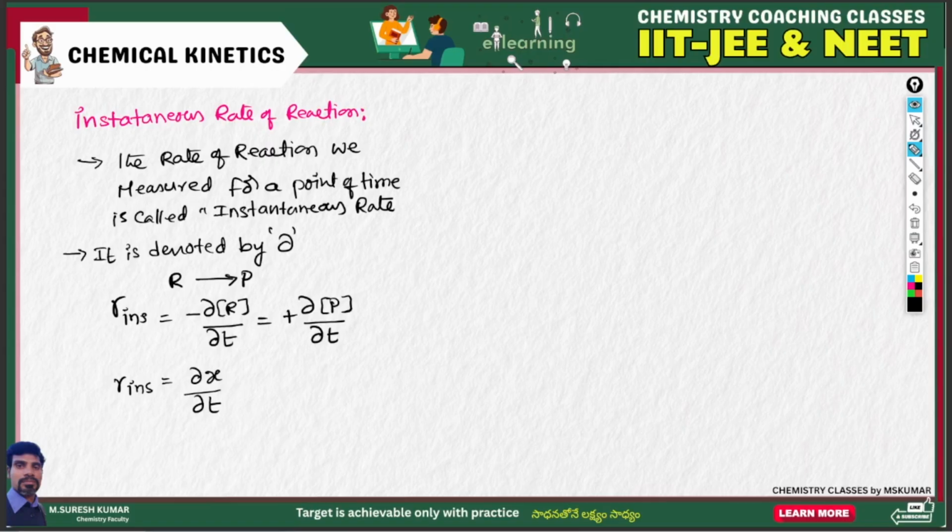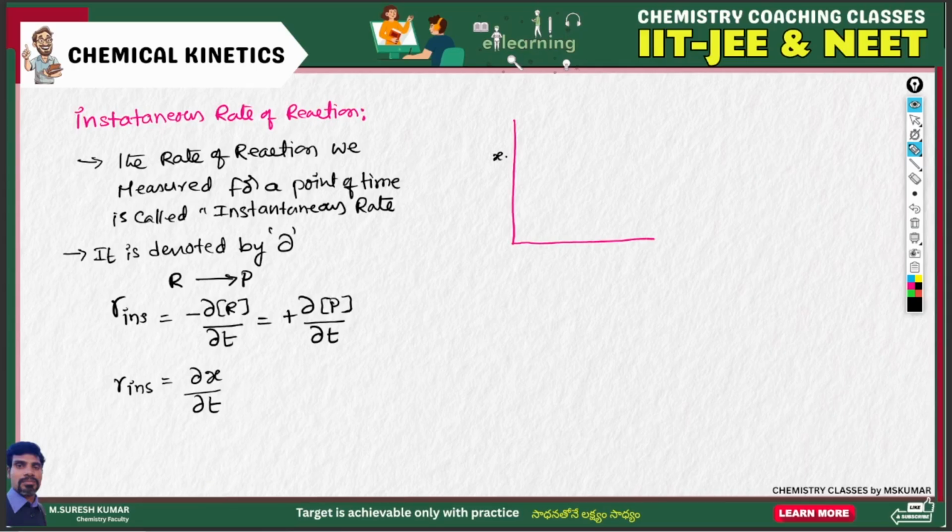Now coming to the graphical representation. Suppose I want to draw the graph in terms of reactant first. For reactant, the concentration gradually decreases with respect to increase in time, as the reaction proceeds.